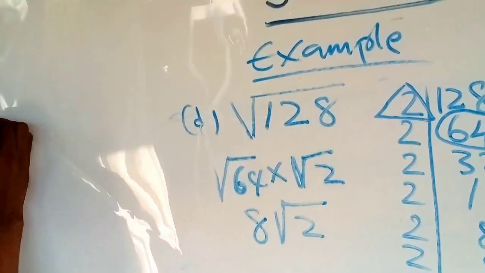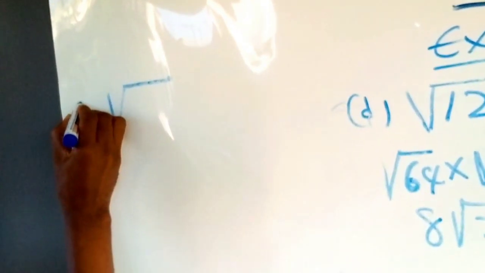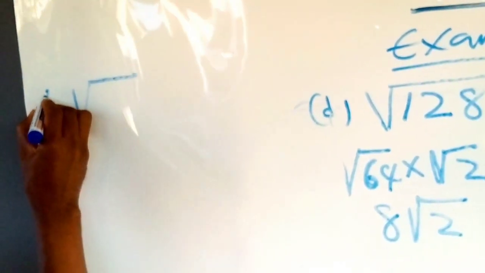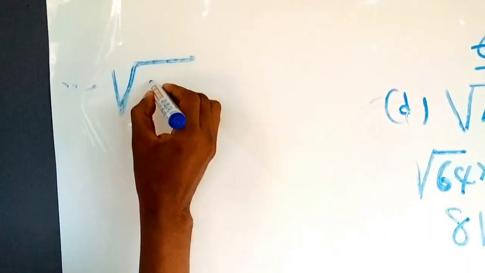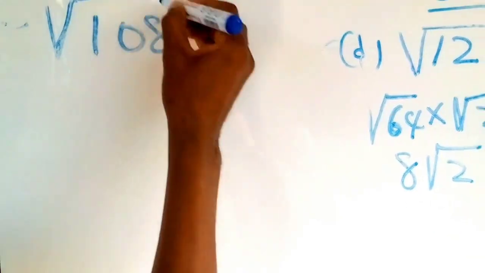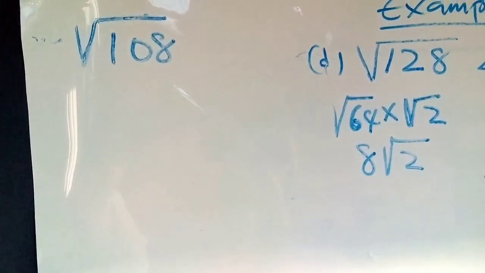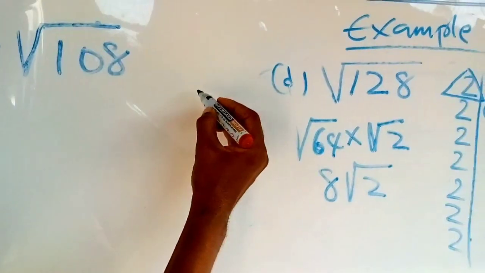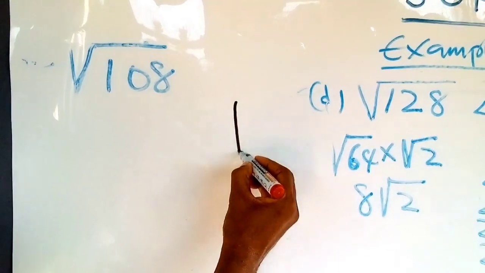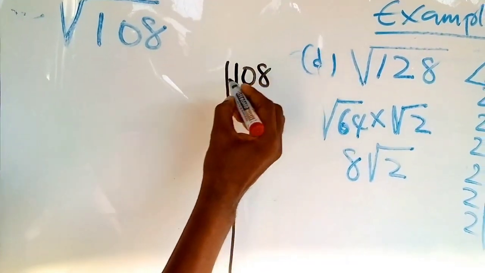Okay, let me try lastly. Let me try another one. Now what number? Try root 108. Simplify it. What are you going to do? Remember the process? The same process. Just draw your line. Write 108.